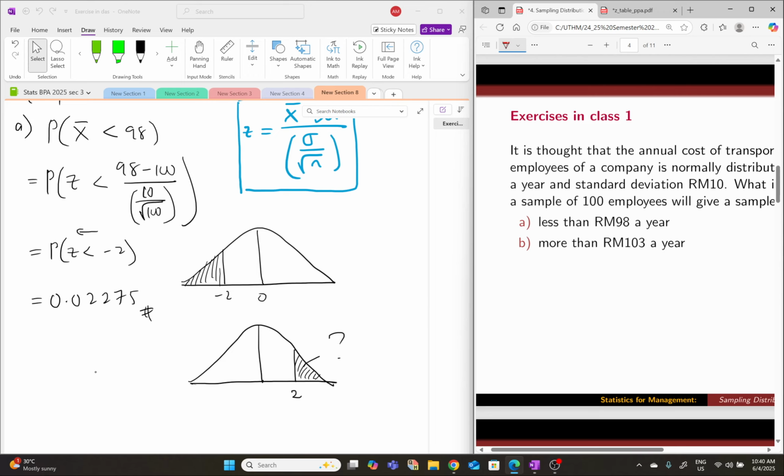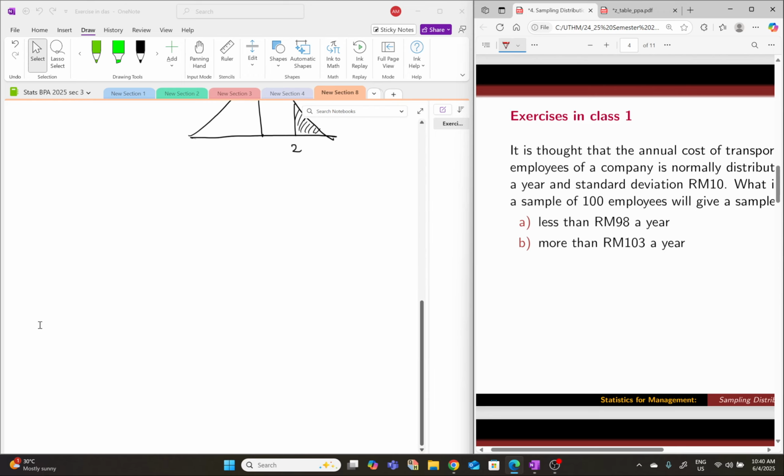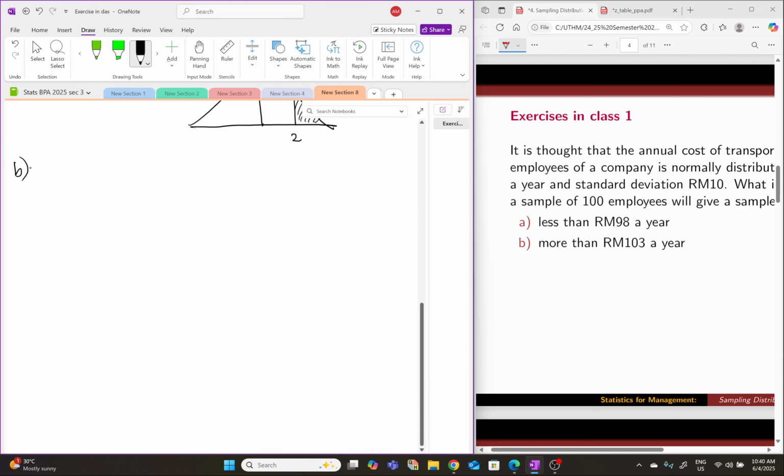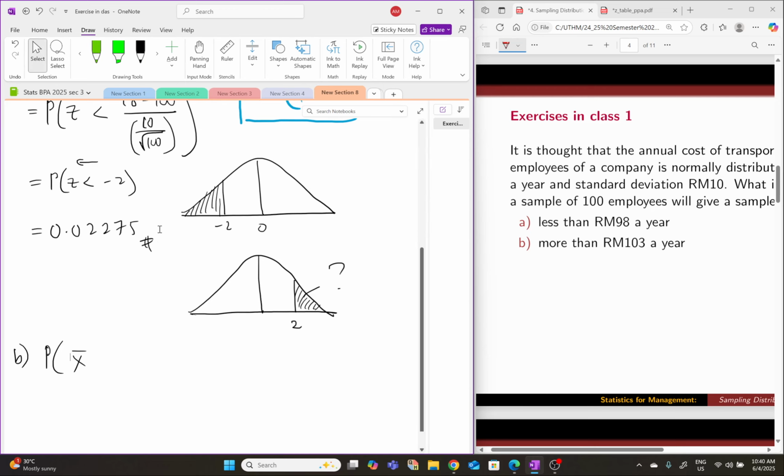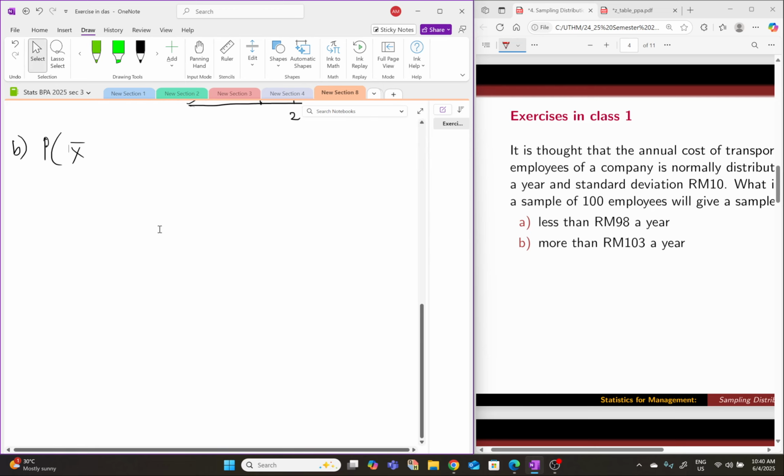Okay, more than 103 a year means B, P X bar more than 103 a year. Cuba ni, cuba.